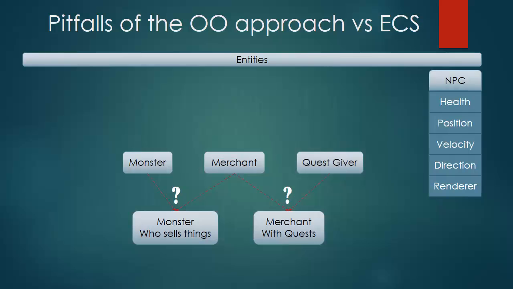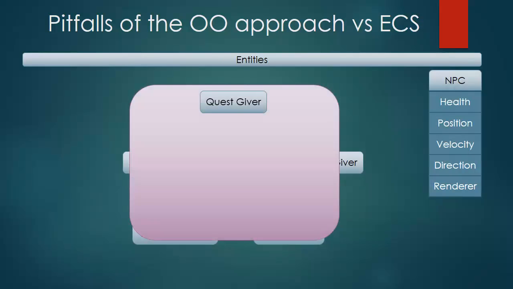Whatever it's referencing, an image or animation or whatever, render this at that position that you're supposed to render at, right? Same thing with, as I was talking about earlier, position and velocity. Same thing. Anyway, so we can move on and take our next one, the quest giver, right?